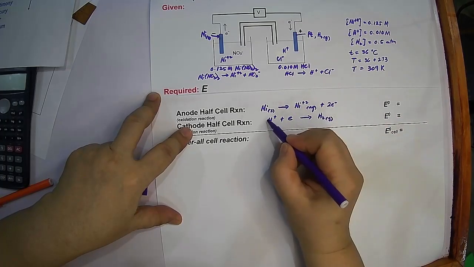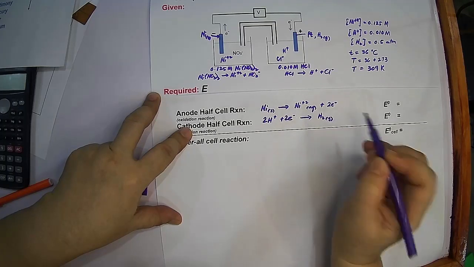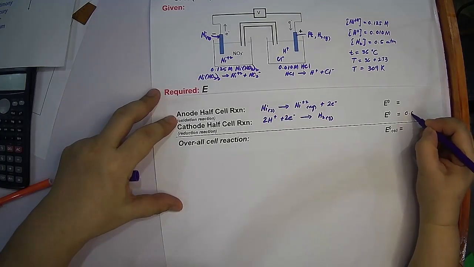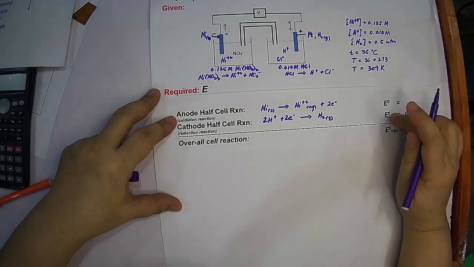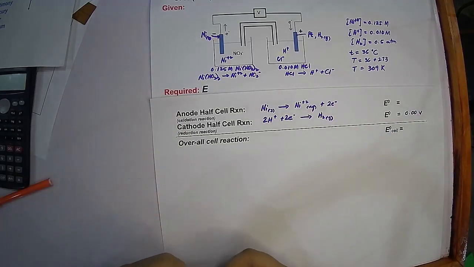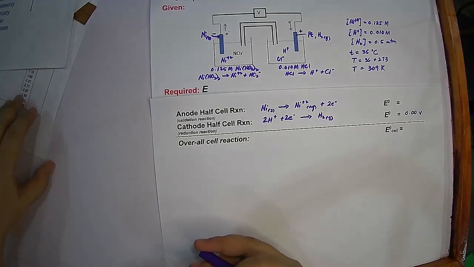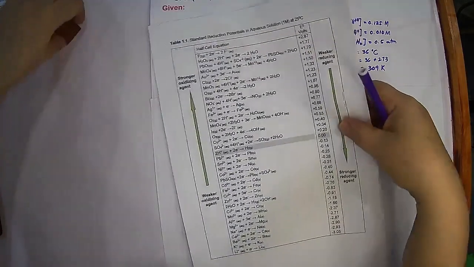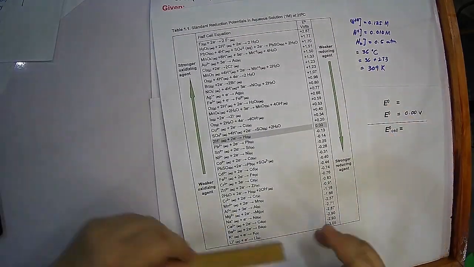Okay, we have 2 to balance, and the potential is 0. Definitely you don't need to memorize, you know that is the reference, so 0. So all we have to take a look at is the potential of nickel with respect to hydrogen.